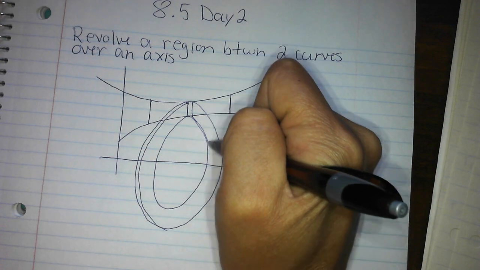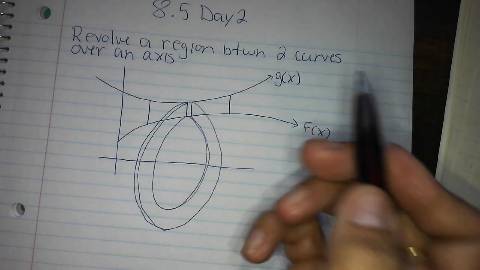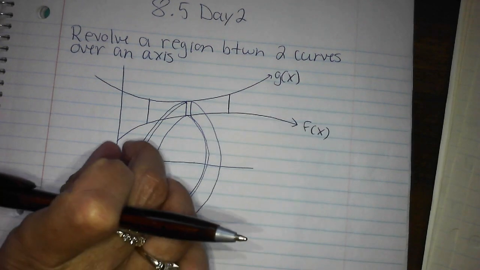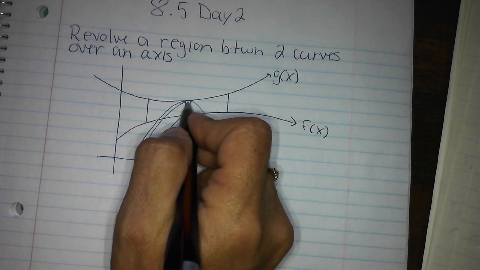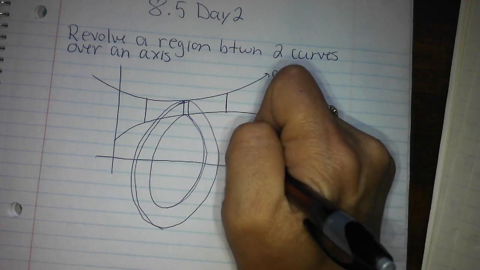Kind of. My art skills are lacking, but you get the idea that this is going to be a washer with a little bit of thickness to it, and that thickness is the width of our rectangle here. So anyway, we do get what's called a washer.